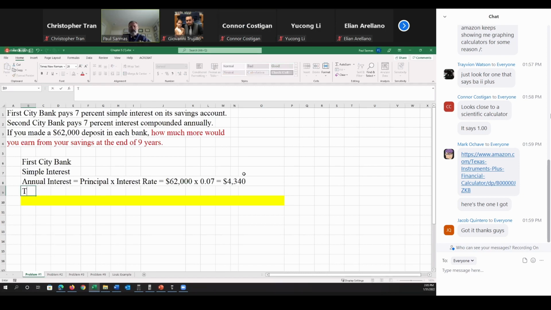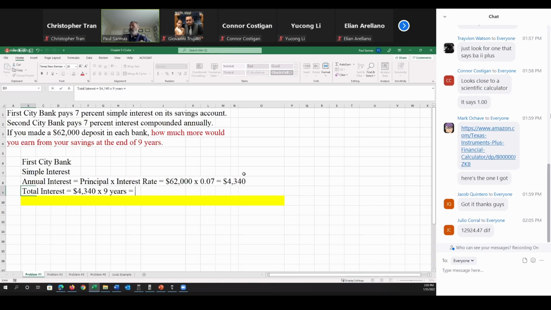And now the total interest, that's annual interest. The total interest will be 4,340 times 9 years. So you take that and multiply it by 9, and you get $39,060.